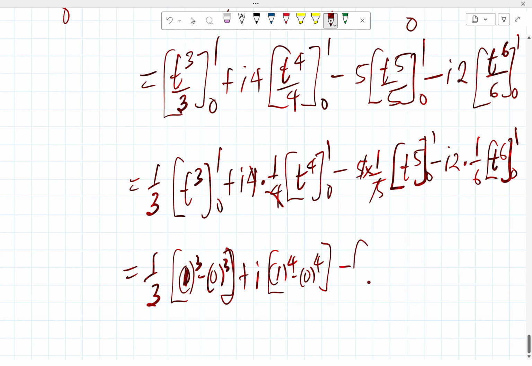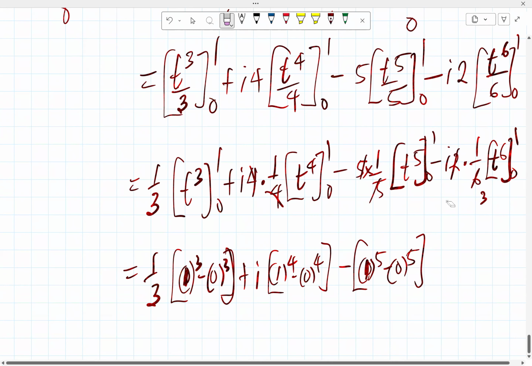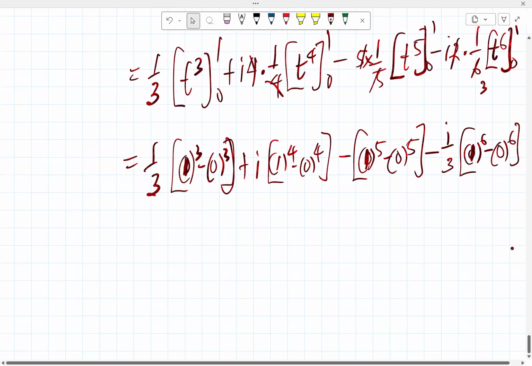So we just have t raised by 5, that's 1 raised by 5 minus 0 raised by 5. Then 2 here is 1, 2 here is 3. So we have i minus i over 3. So minus i over 3 into 1 raised by 6 minus 0 raised by 6. Okay, so we have to be careful.